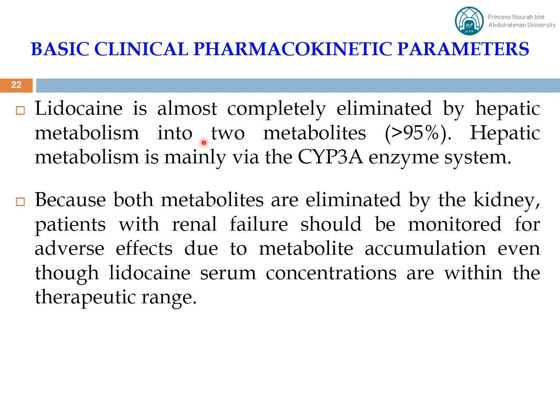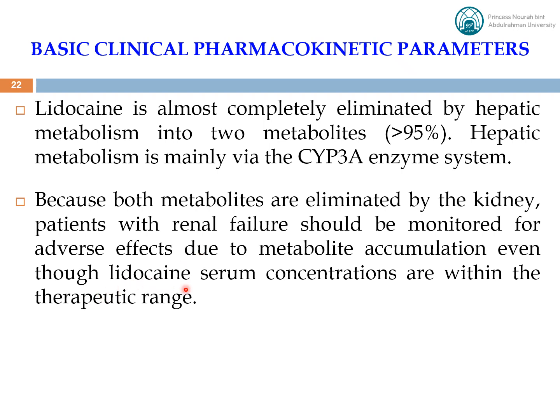It is metabolized into two metabolites more than 95%. The hepatic metabolism is mainly via the CYP3A enzyme system. Because both metabolites are eliminated by the kidney, patients with renal failure should be monitored for adverse effects due to metabolite accumulation. The metabolites are further excreted through the renal route.